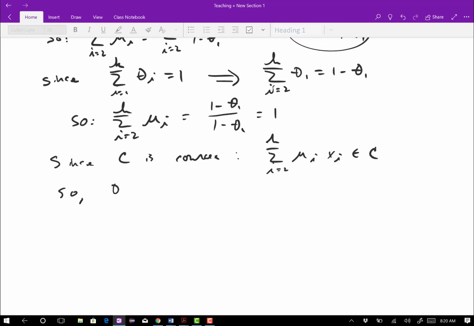So theta 1 x1 plus 1 minus theta 1 times the sum of i ranging from 2 to k of mu i x i also must be an element of C.